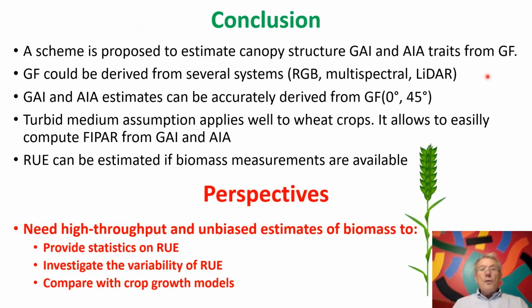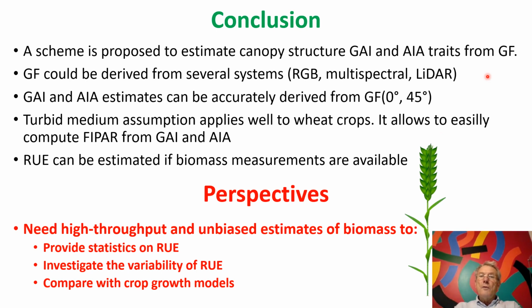So as a conclusion, we propose a scheme to compute green area index and average inclination from green fraction. The green fraction could be easily derived from several systems, as we demonstrated. When we combine green area index and average inclination angle, that can be accurately derived from the green fraction at 0 degree and 45 degrees.